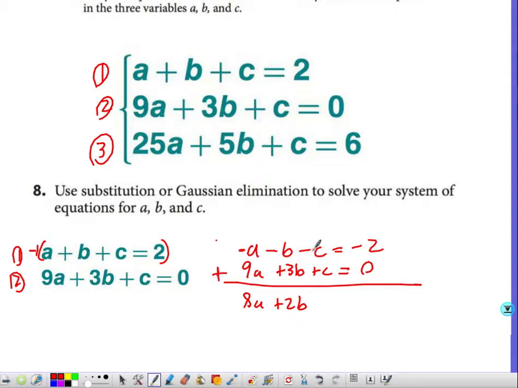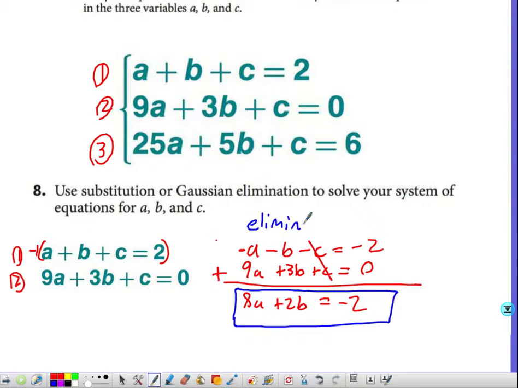And take a look at this: -c plus c becomes 0. And so we don't have to write that down, and we get -2 plus 0 is -2. As you can see, we have this result, and what we ended up doing is we eliminated c.